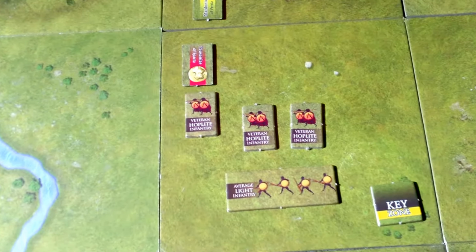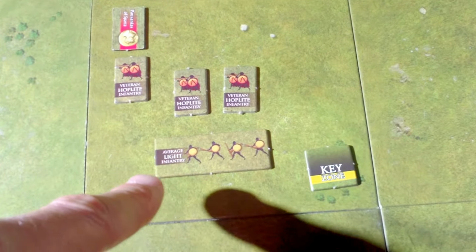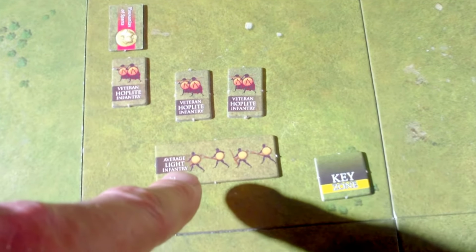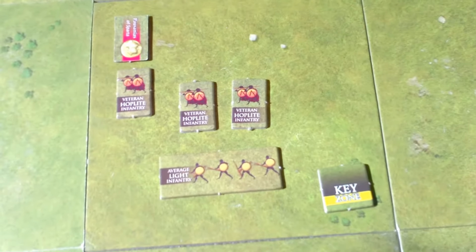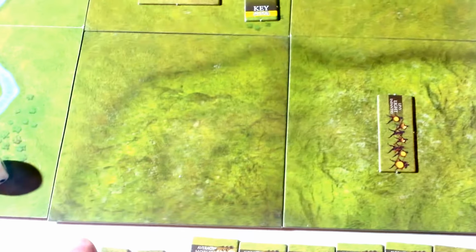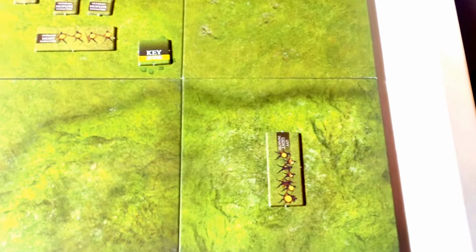So a very strong start to the Greeks there with some fortuitous rolls. They then reinforced this key zone tile with light infantry express moving and veteran hoplites express moving into there, and brought a light infantry unit in to occupy the hills in the rear here.